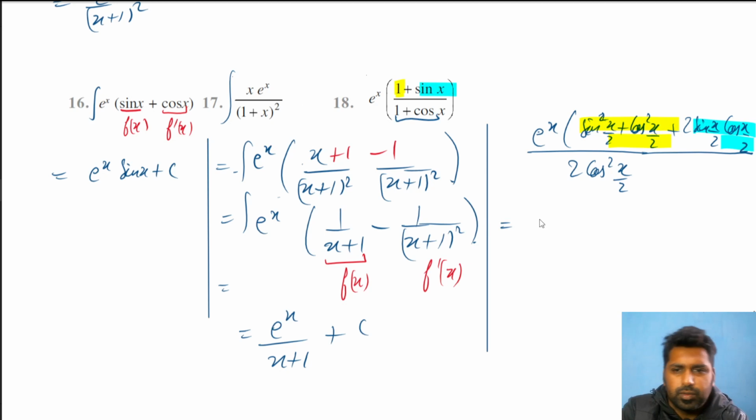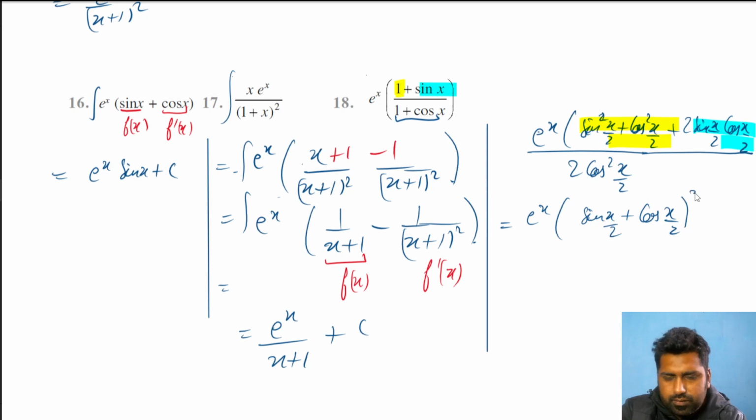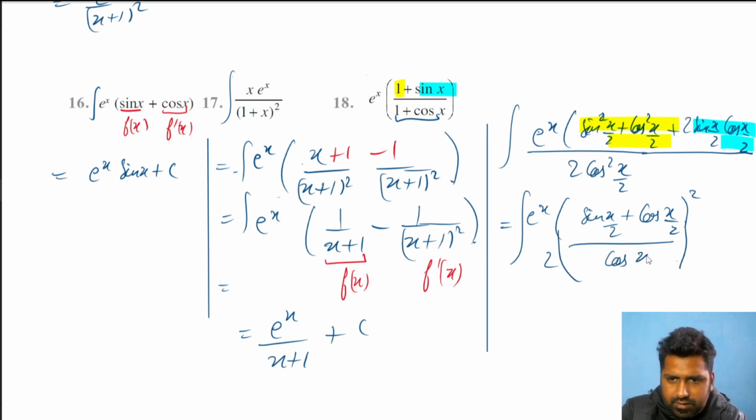Denominator, you know the property. So this becomes e raised to power x, numerator becomes sine x by 2 plus cos x by 2 whole square, and denominator is 2 cos square x by 2. So I can take cos also inside this.